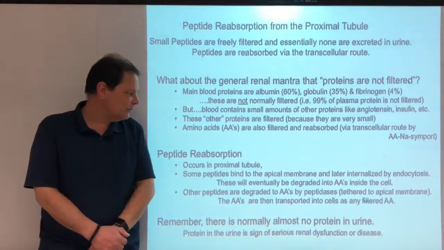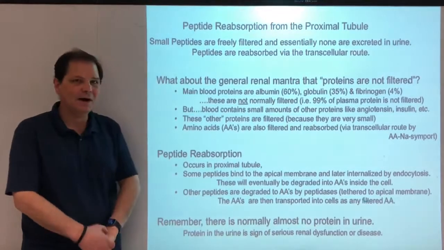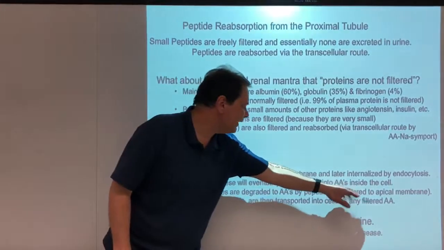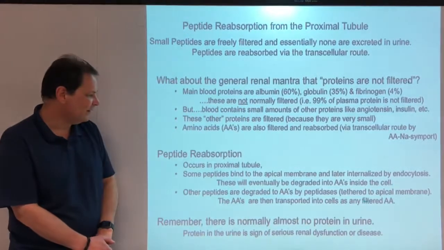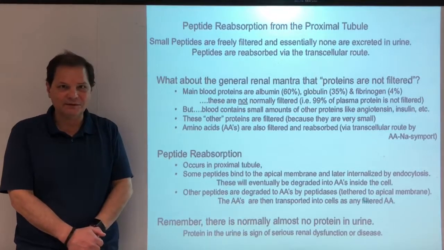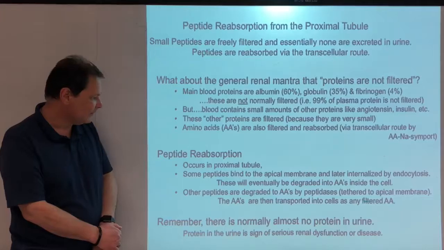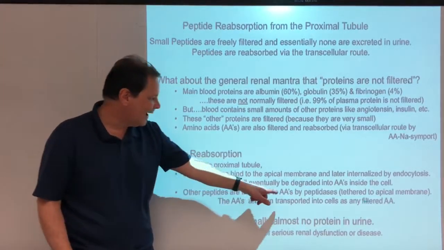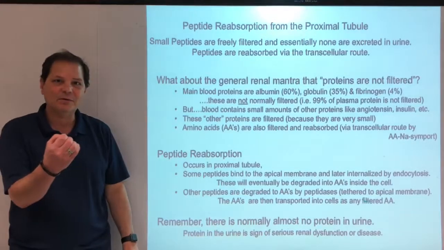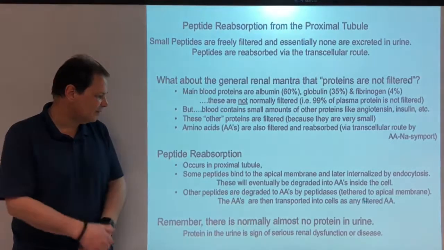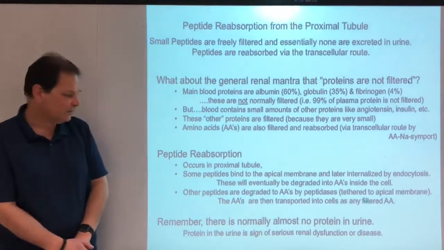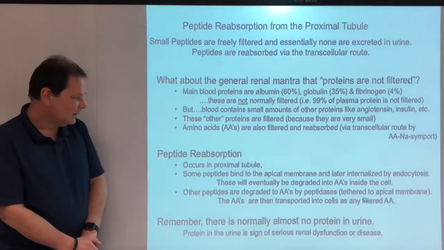What usually happens with the peptides is that they're broken down into the amino acids. They're either taken into the cell via endocytosis and broken down, and then the amino acids are transported into the interstitium and then into the capillaries, or some of them are actually degraded by peptidases that are tethered to the apical membrane, and then the amino acids are reabsorbed from there through a transcellular transport mechanism. Okay?